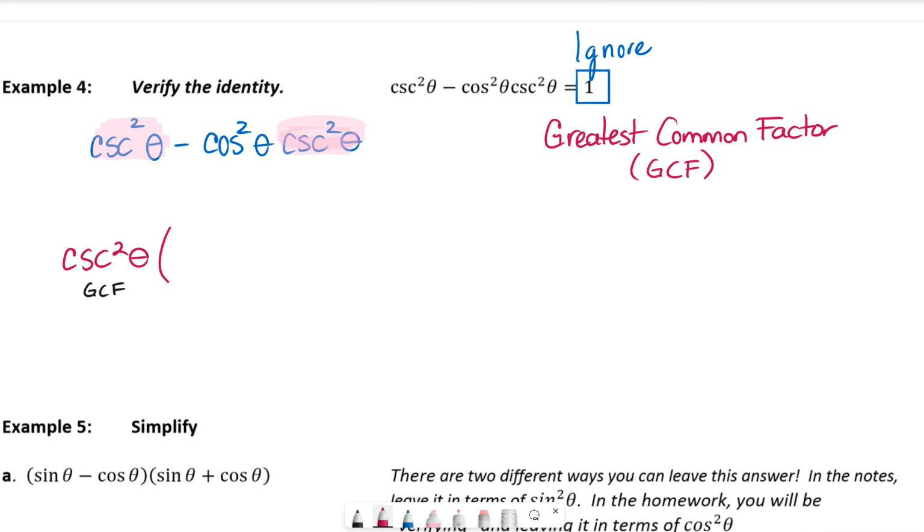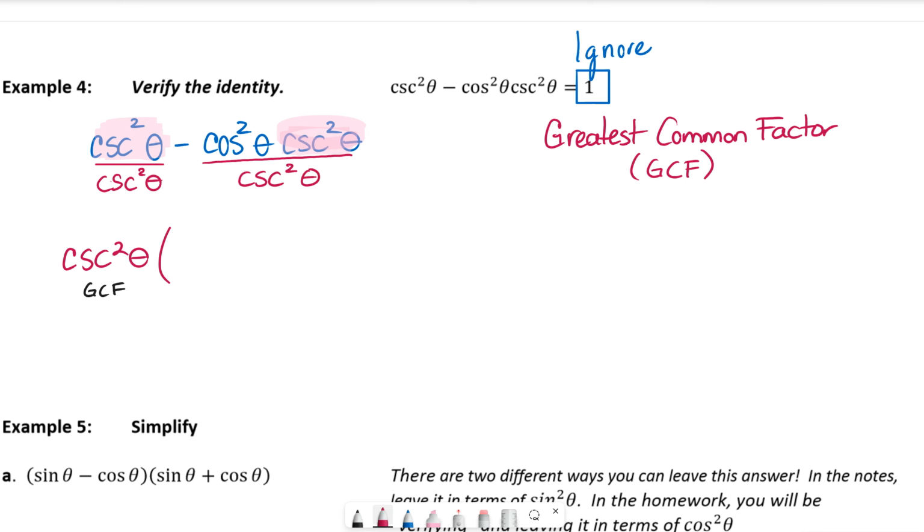And then after you write the GCF, I want you to put open parentheses because your goal is to factor, and factor just means to undistribute, okay? Undistribute. So whatever you identify to be your GCF, I need you to divide it out so that you can figure out what the remaining factors are.